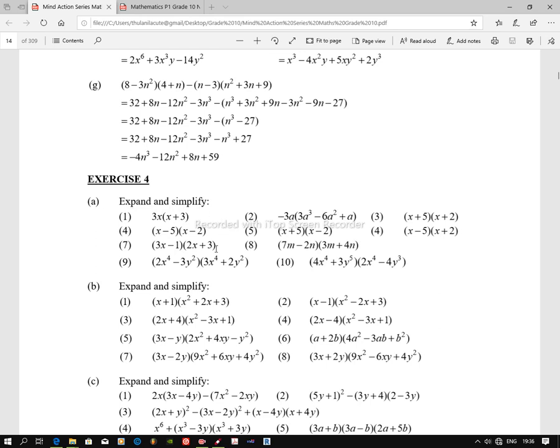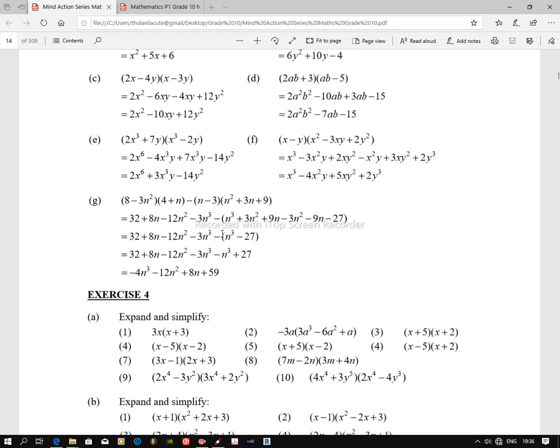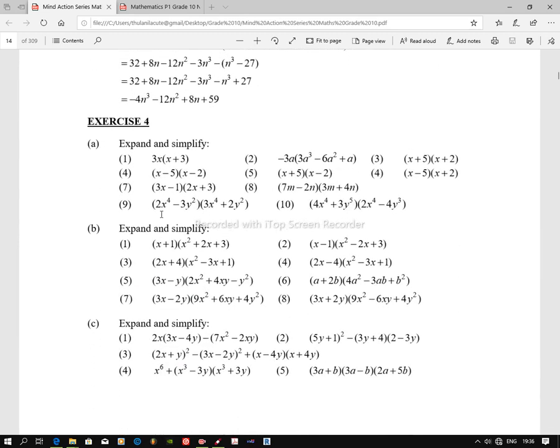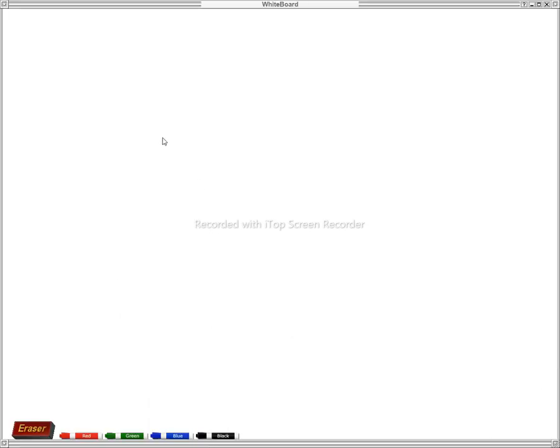You have to simplify this, you understand. We were given some examples there. Let me start with a little bit easier one, so let me choose number 7. Don't forget, it is algebraic expressions.